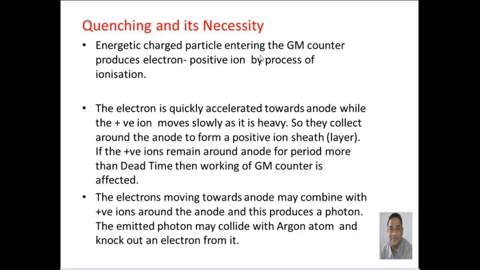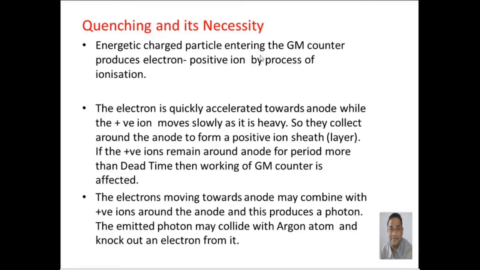So they start collecting around the anode and this forms a positive ion sheath, or a layer, around the anode. If the positive ion sheath remains around the anode for a period more than the dead time, then the working of the GM counter is affected.